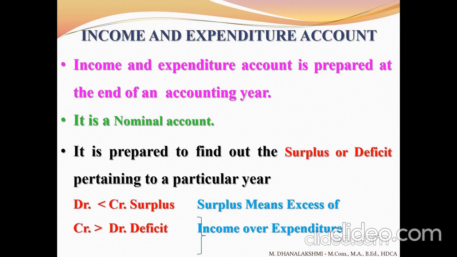In the same way, income and expenditure account is prepared. It is also like a nominal account, where all expenses and losses are recorded on the debit side and all income and gains on the credit side. This will be prepared at the end of the accounting period.